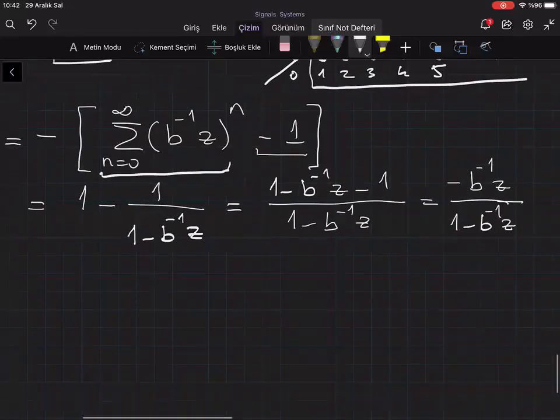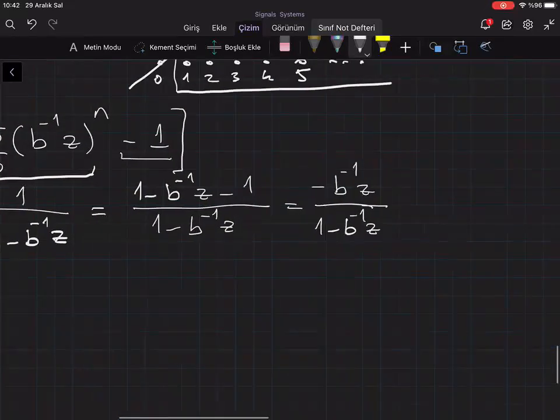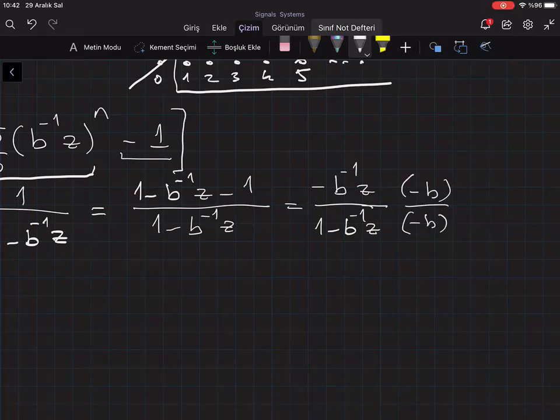Let me go one step further. If I multiply both sides by minus b, what will I have? Arkadaşlar, Süleyman, what is the answer?